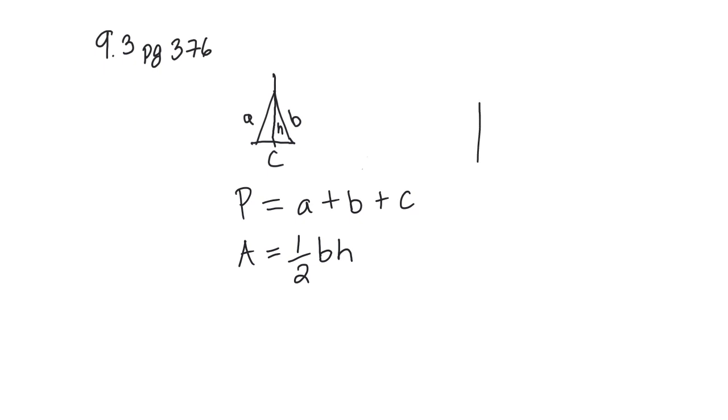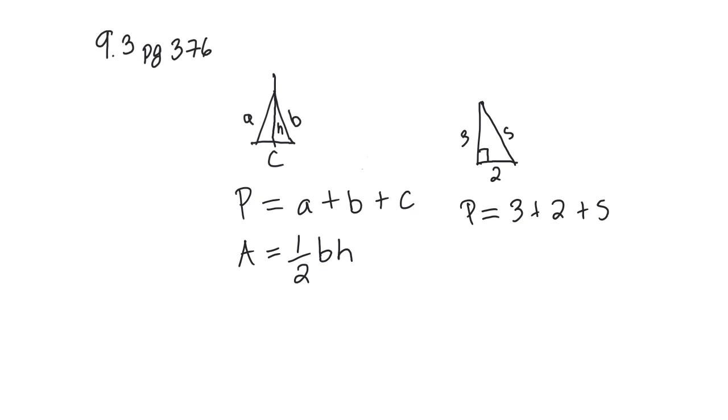So I'll give you one with some numbers and we'll try that. So let's say I have a triangle. We'll make this one a right triangle. And let's say I have 3, 2, 5, right? And I want to find the perimeter. That's just going to be 3 plus 2 plus 5.